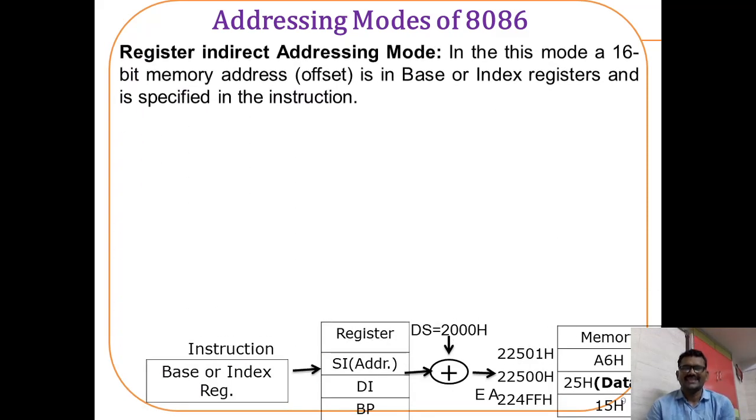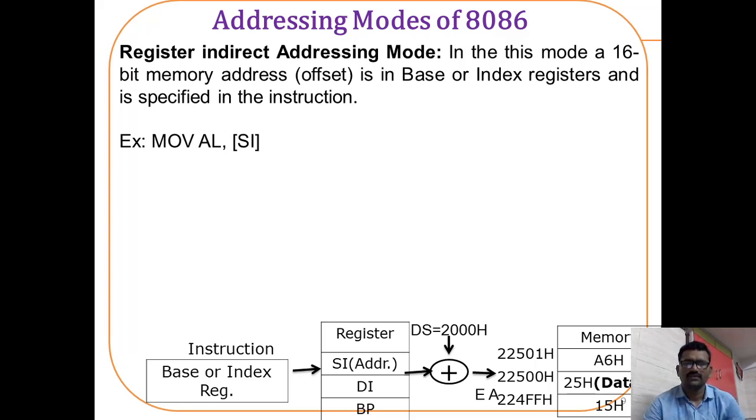Coming to register indirect addressing mode. Here the data is present in memory, so we are specifying the address of the data through a register. That's why we call it register indirect. We are using a register to specify the address of memory.